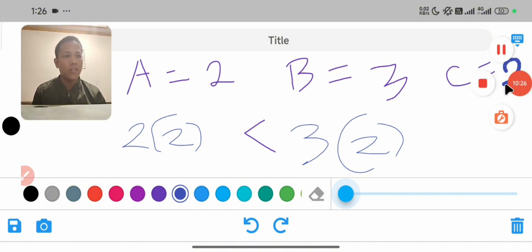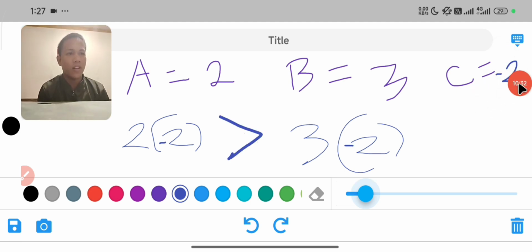So let's try C that is less than 0. What will be the result? Let's take a look here. Our C is less than 0, which is negative 2. If you multiply 2 by negative 2, the answer will be negative 4, and 3 times negative 2 will become negative 6.